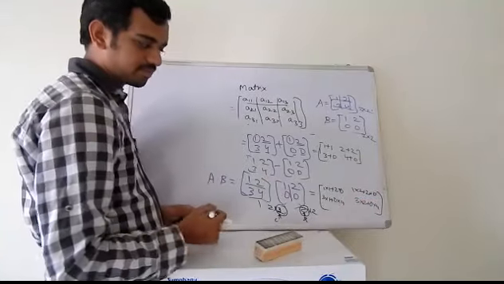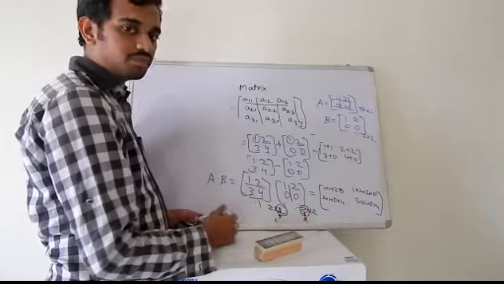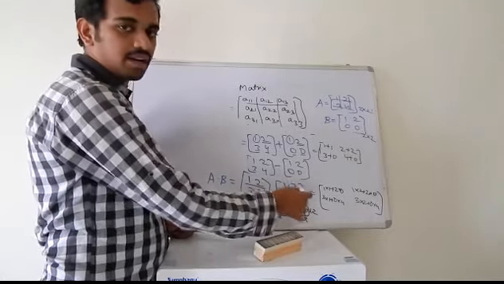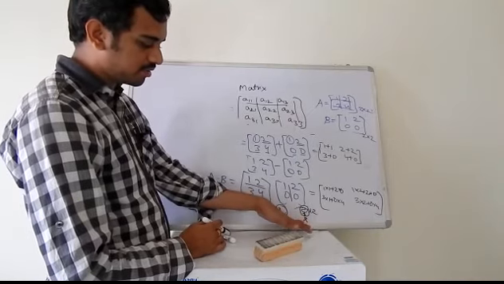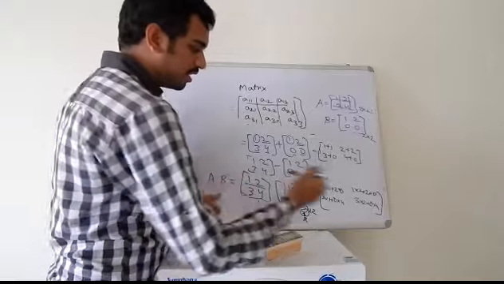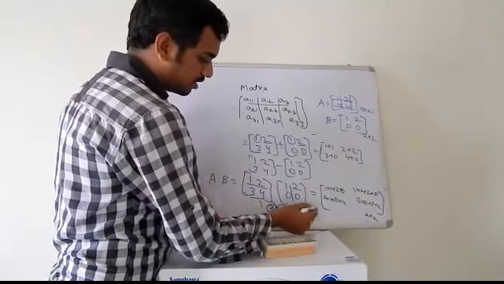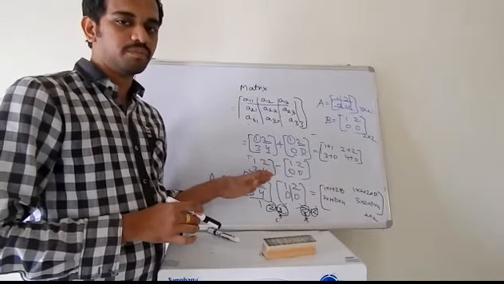This is the last. If the rows and columns are not matching, we can't do the multiplication. Why? Because the rows are multiplied with the columns, so this column count must be exactly equal to this row count. Then the final matrix is 2 by 2. Here it is not a problem because we are doing square matrices.